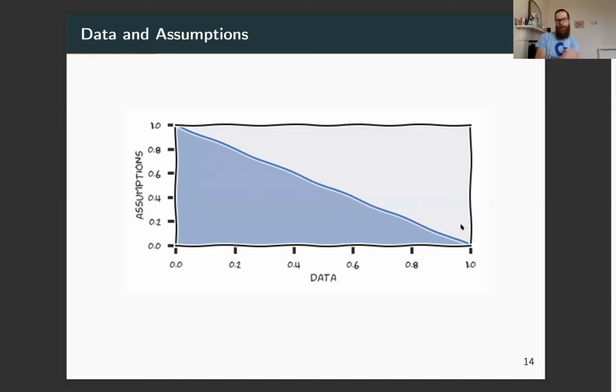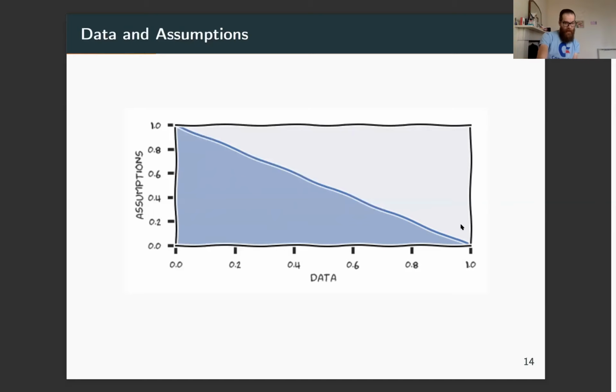The only thing I need is a method that enumerates everything that will ever happen. On the other end of the scale, I have seen no data whatsoever. I've never seen anything. That means the only way I'm able to act is with very, very strong assumptions. Machine learning somehow glides along this scale. Certain methods are really good using massive amounts of data, therefore they need fewer assumptions, and vice versa. We're going to come back to this graph.